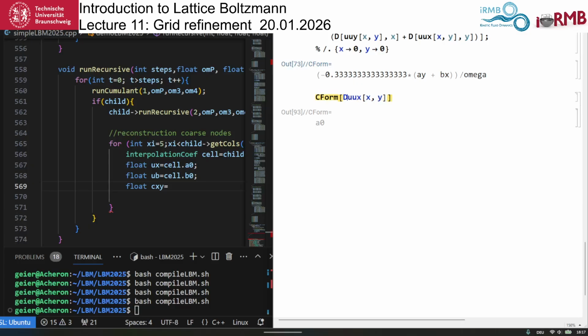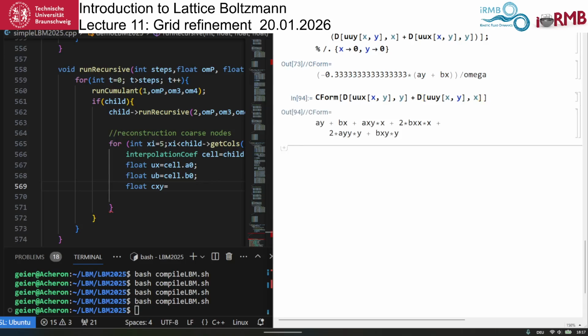This is ux, the derivative in y, plus uy, the derivative in x.